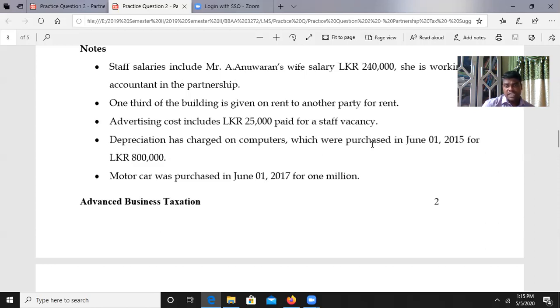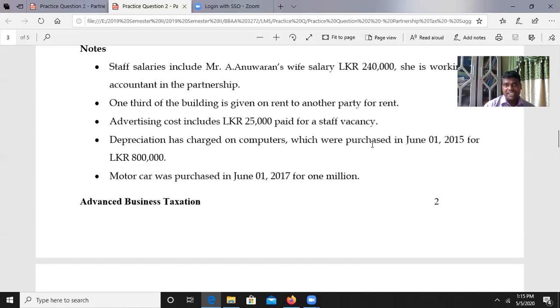capital allowance percentage. First, we have to ensure that this asset is eligible for the capital allowance. 2015 purchase, that means 2015-16 is the first year of assessment, 2016-17 second year of assessment, 2017-18 third year of assessment, 2018-19 that means current year of assessment, that is the fourth year of assessment.